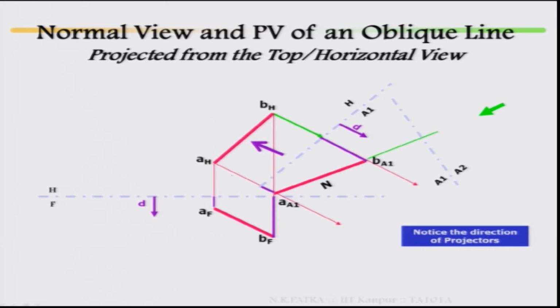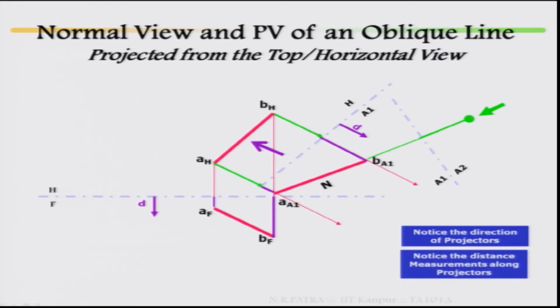This is your top view, this distance is the same distance from here to auxiliary plane A2, plot it, then draw your point view. So, this distance D1 is supposed to be the same as this distance D1, from here to here D1, from here to here D1, supposed to be the same.